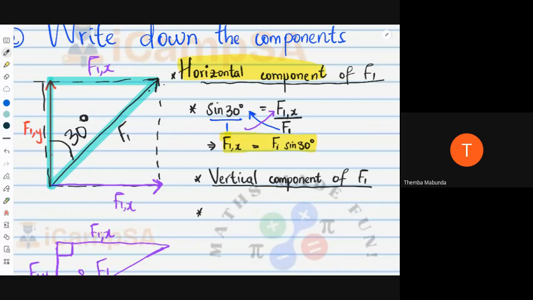I think we can simply use Pythagoras or trig ratios. I will take the other one, trig ratios. Pythagoras, we mainly use it for, or when we want to find the other side when we are not given the angle.